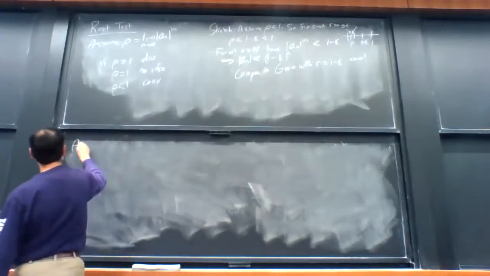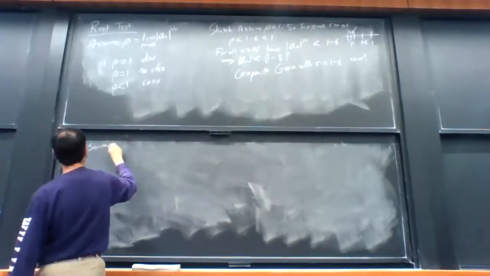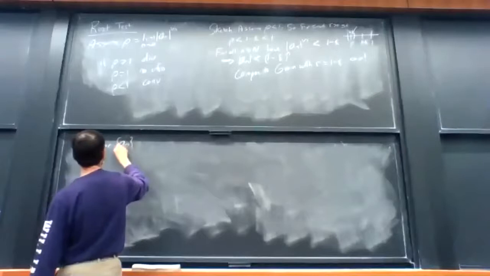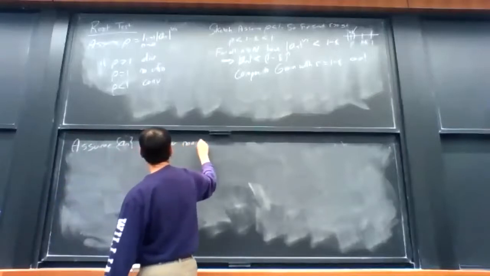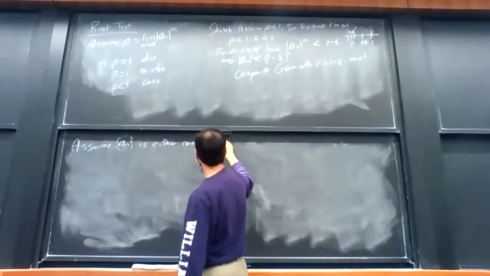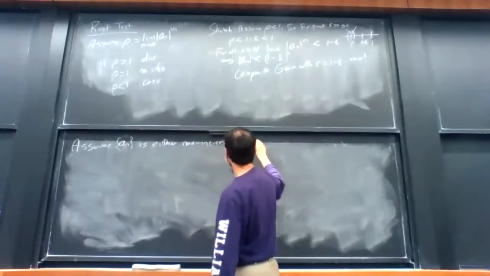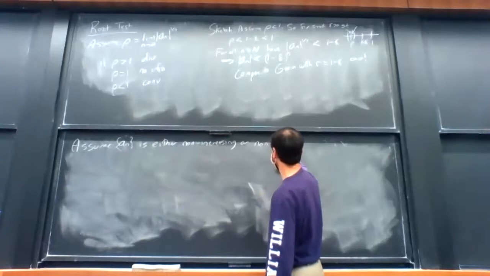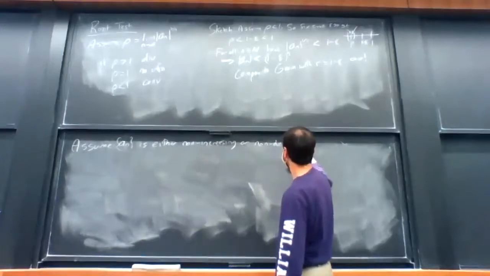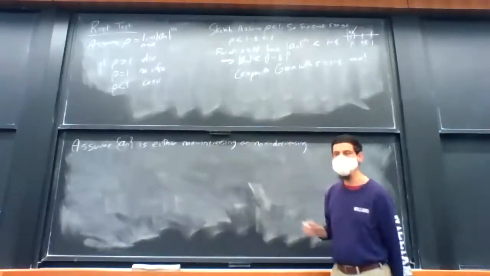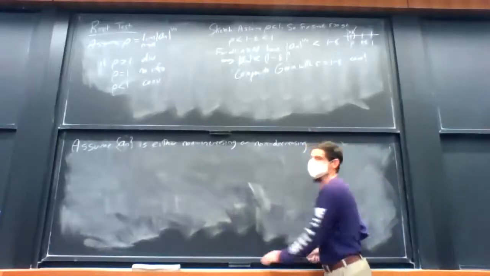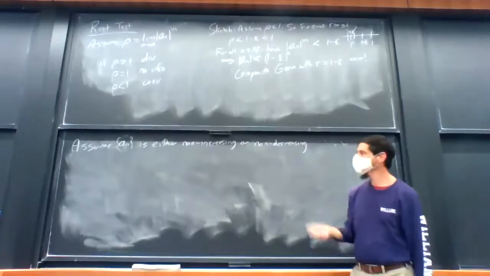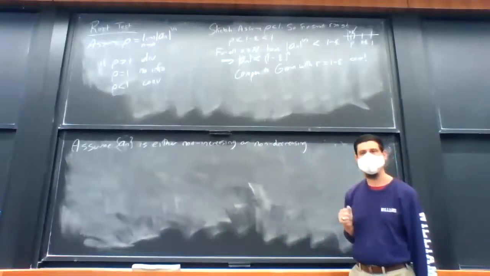Now we will assume a_n is either non-increasing or non-decreasing. So what does it mean? What does it mean if you have a sequence that is non-increasing?